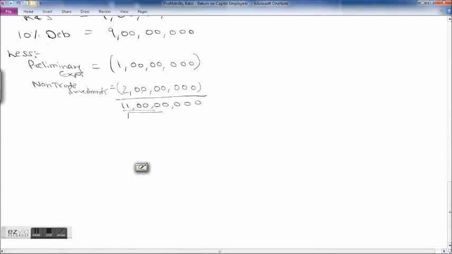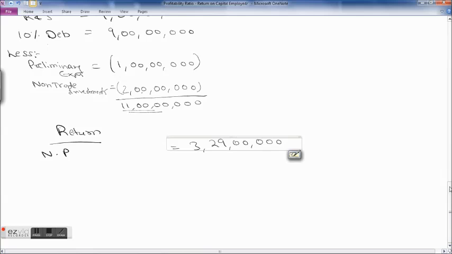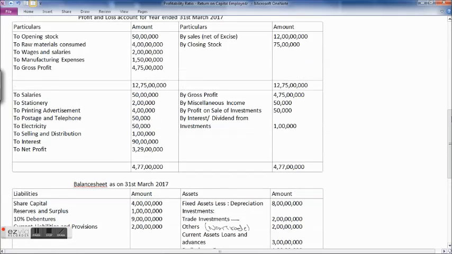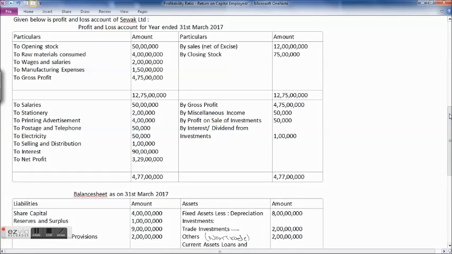So I will just put the net profit first in the calculation of return. How much is the net profit? 3 crores 29 lakhs, right?